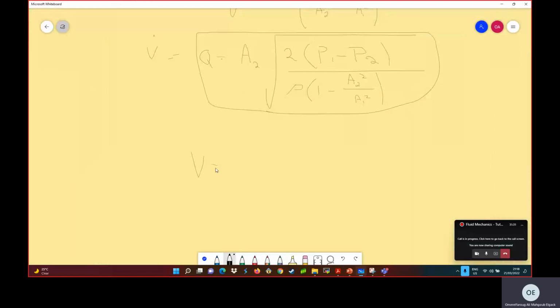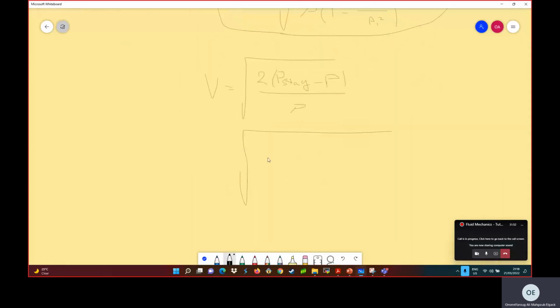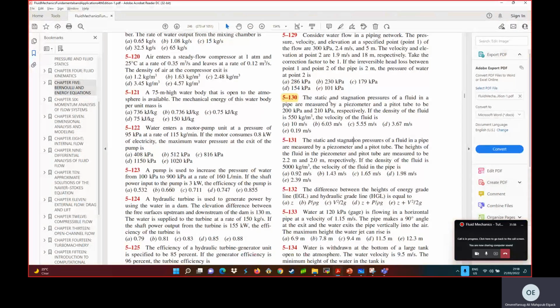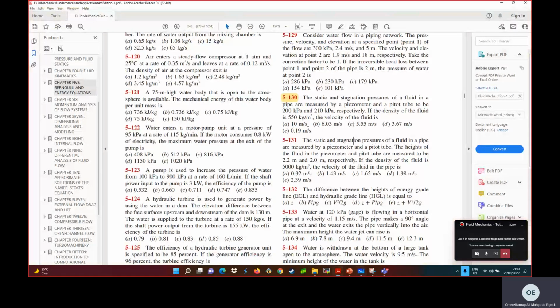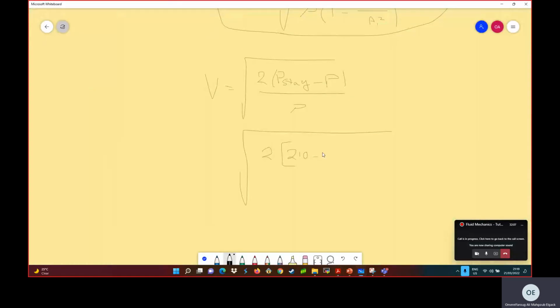The velocity is equal to the square root of 2 times p stagnation minus p static divided by rho. What is the stagnation pressure? The stagnation pressure is 201, so 201 minus the static 200.